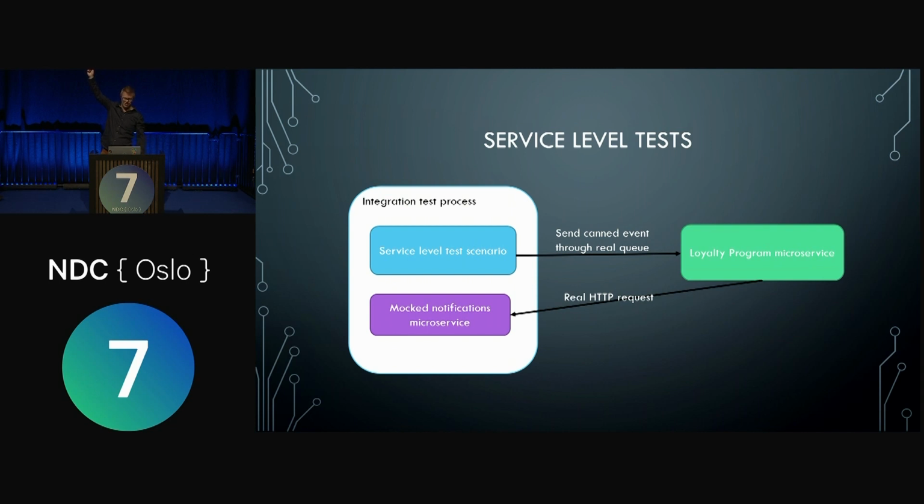So I can't even switch from integration to that. So we have a service level test scenario running in there, and what that does, and that's kind of the mock of the special offers, is it just puts a message onto that RabbitMQ, which is kind of nothing special. That's also what we do in our real code. So just do the things that we already know how to do over in the tests.